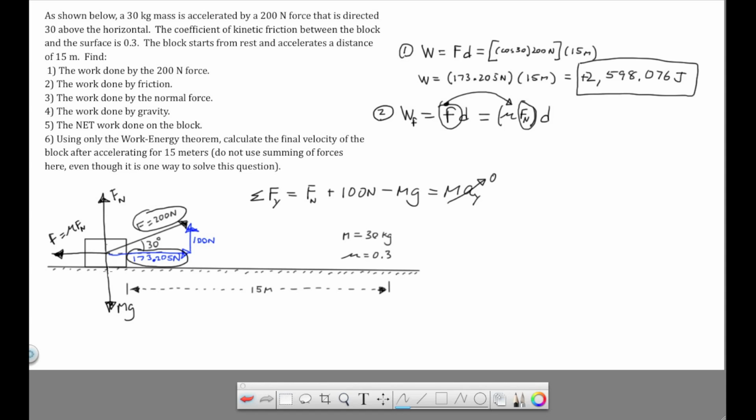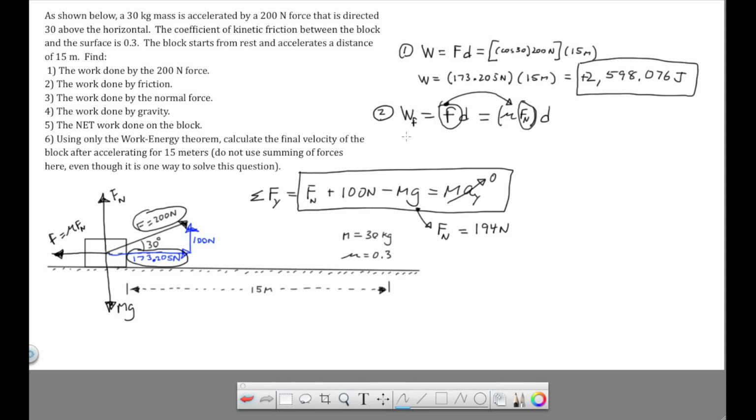This block is not accelerating up or down, so we can set the y acceleration to 0. And now we can take this equation and solve it for normal force. m is 30, g is 9.8. We've already called g negative, so don't plug in negative 9.8. We've already called it negative right there. The normal force comes out as 194.